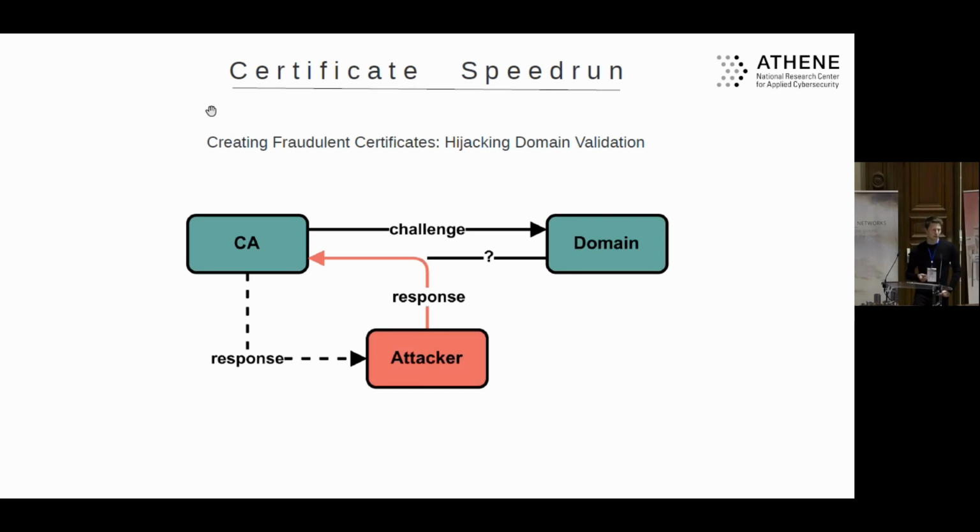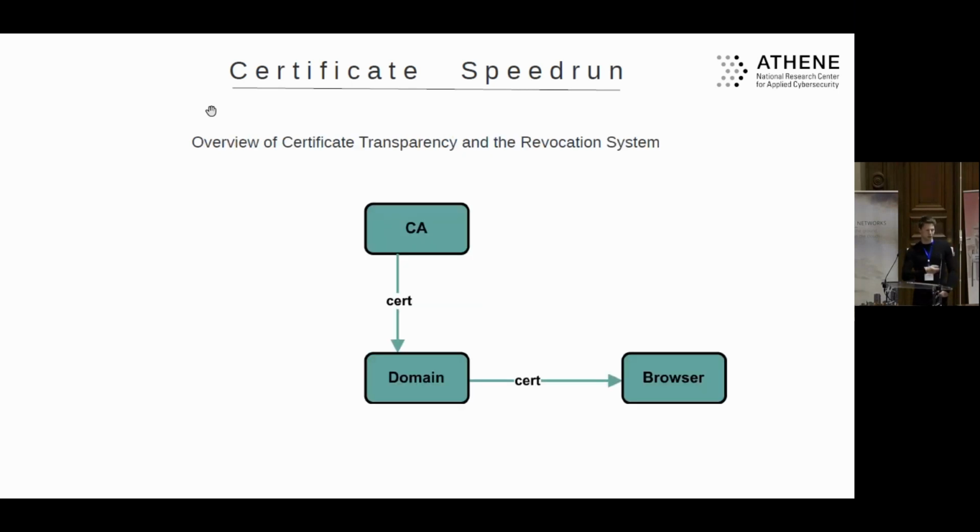And several works have shown that because this is unencrypted communication by necessity, if you can inject the proper response into this communication, you can trick the CA into validating your request and issuing a certificate to someone who is unauthorized. So this is basically the situation that we're working with.